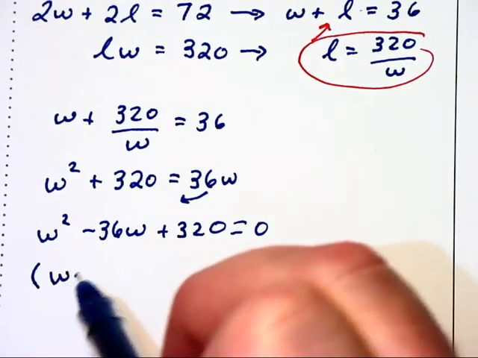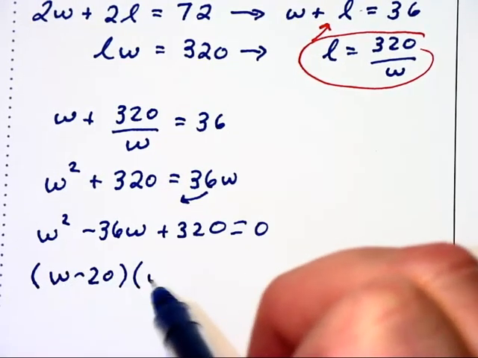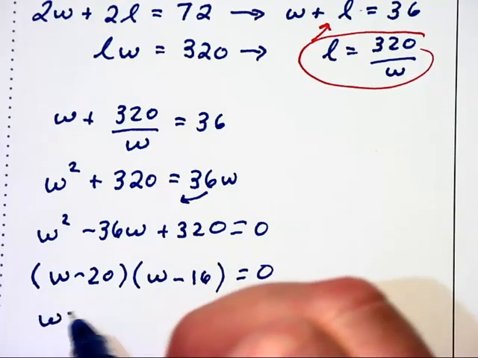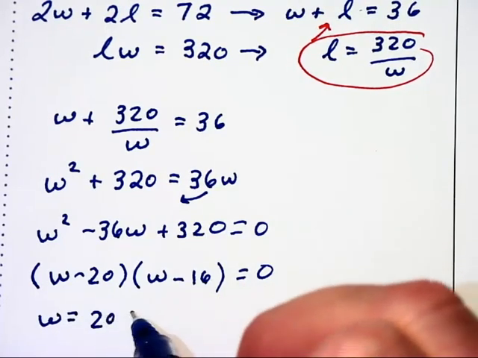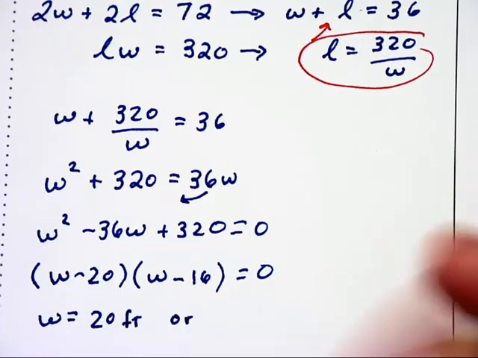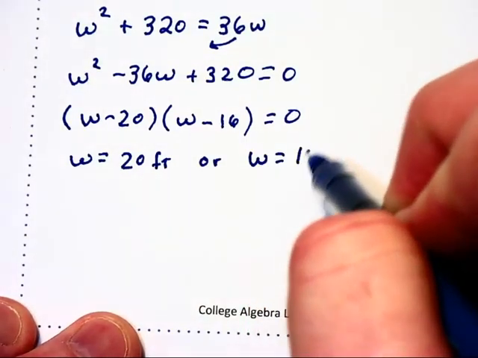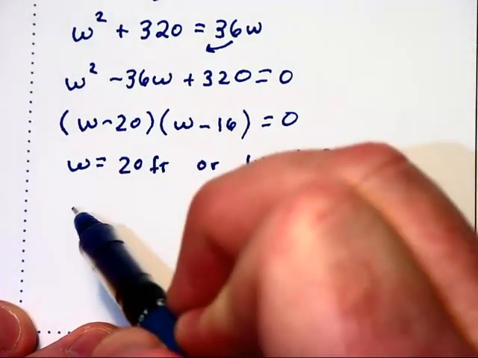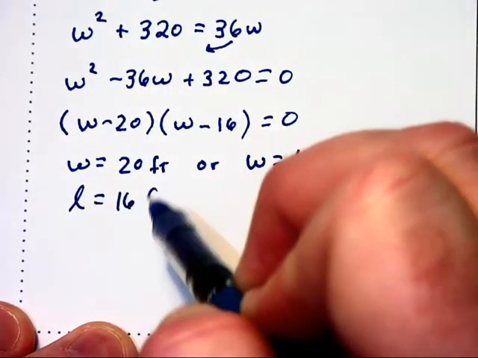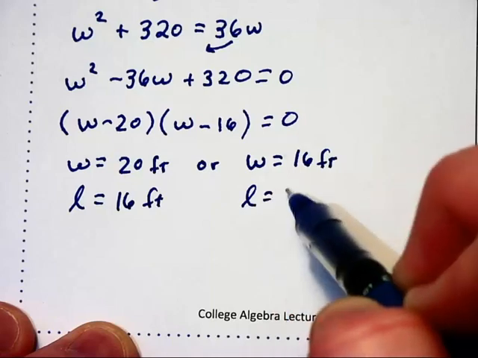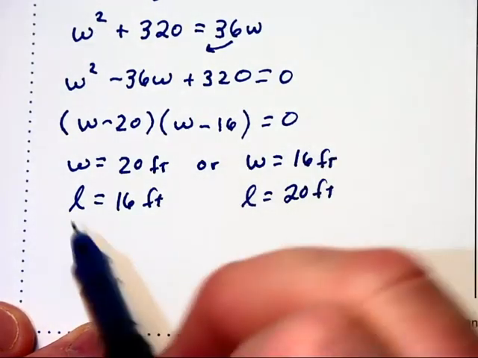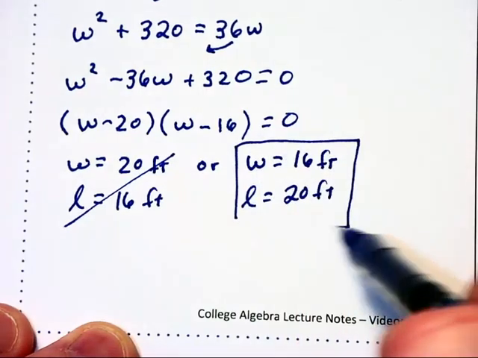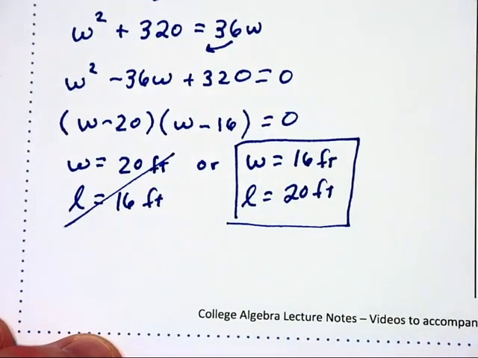We'll have W minus 20 times W minus 16 equals 0. So W equals 20, this is feet, or W equals 16 feet. The length and the width add up to 36, so that would mean the length is 16 feet, or the length is 20 feet. And again, we don't like the length being shorter than the width, so here are the dimensions, 16 by 20 feet.